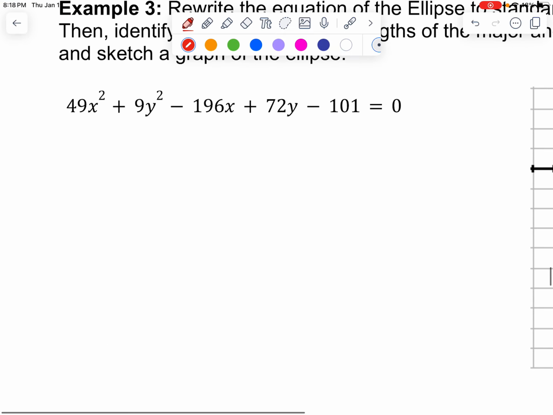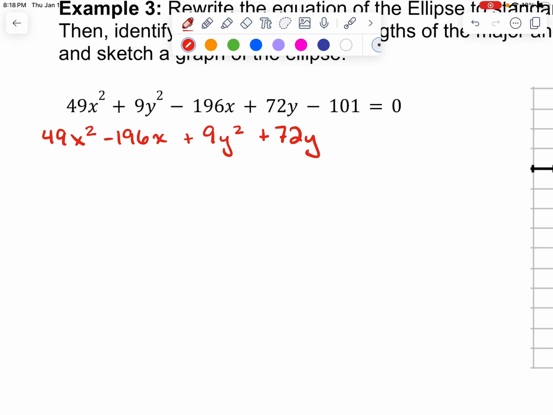First step, I'm grouping all my x's together. So 49x squared minus 196x plus 9y squared plus 72y equals, I'm moving 101 to the other side. And I didn't leave any spaces yet because I have one more step to do before I can actually do the completing the square part.